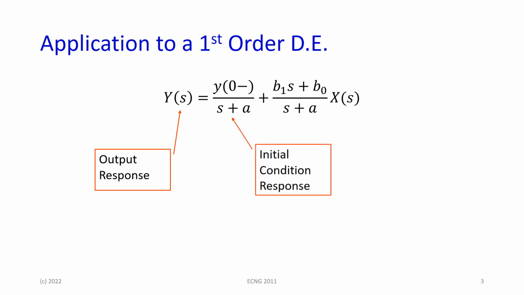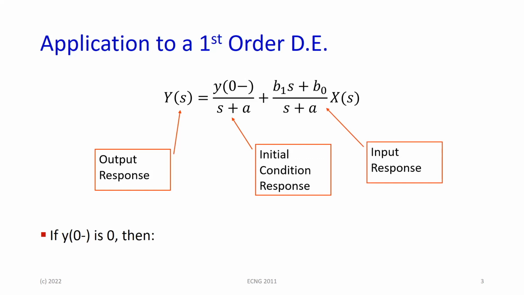The initial condition response is the part that has to do with the initial conditions, and of course the input response. So the system starts somewhere. When you put an input on a system, the system starts somewhere and it proceeds from there. So that how it begins is the initial condition response, and then after that, now it responds to the input.